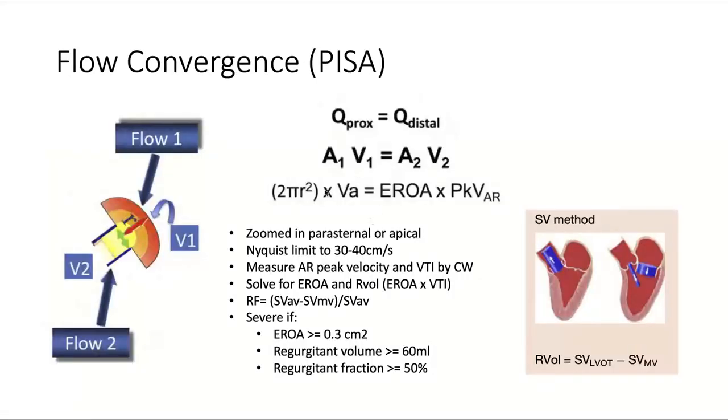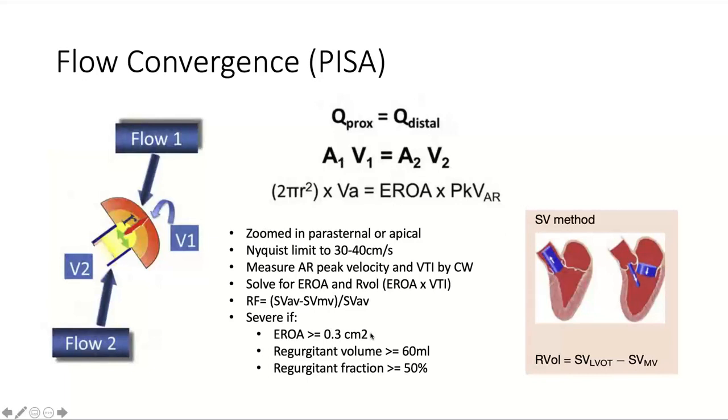As it's a shell, using the formula 2 pi r squared, you'll know your aliasing velocity, and that's what you're solving for with the top of your continuity equation. Then you do a continuous wave Doppler, determine the peak velocity through the valve, and then solve for the EROA.